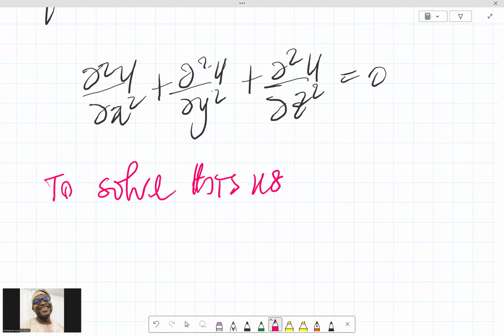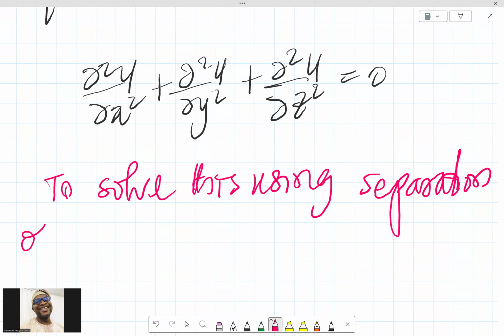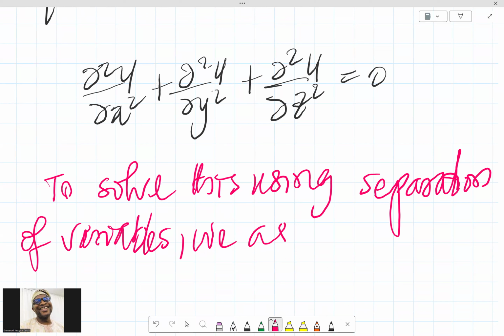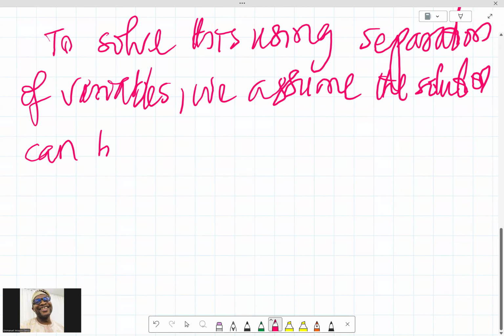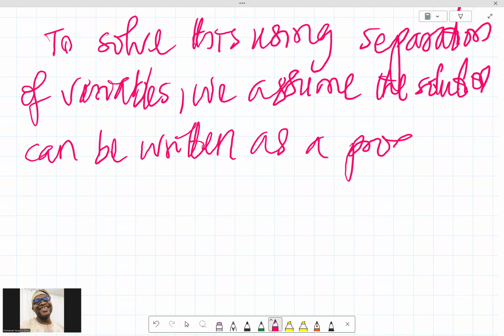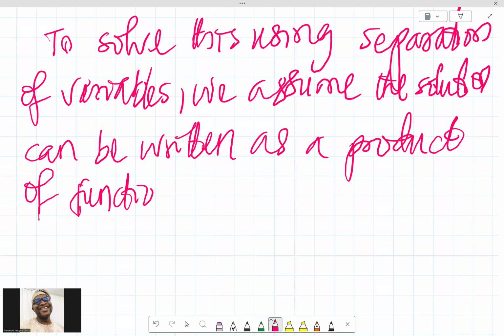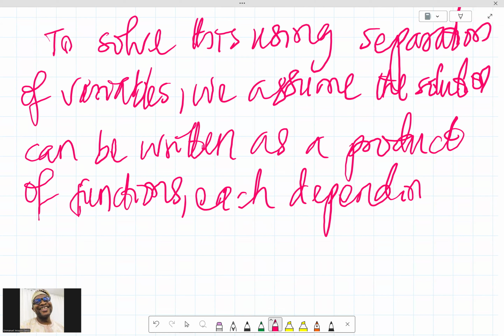Okay. Now, to solve this using separation of variables, we assume the solution can be written as a product of functions, each depending on a single coordinate.